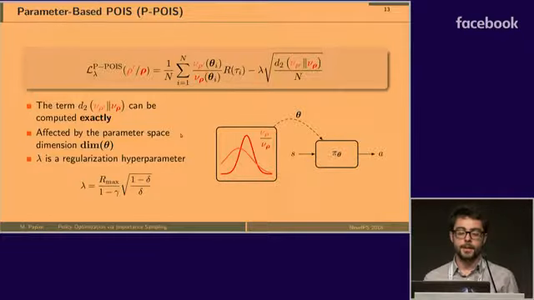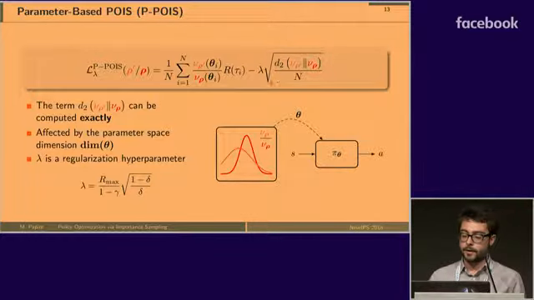Instead, in the parameter-based version, we simply have to compare hyperpolicies that are distributions over policy parameters. In this case, the Rényi divergence can be computed exactly. Moreover, the penalization is not amplified by the task horizon, but by the number of policy parameters.